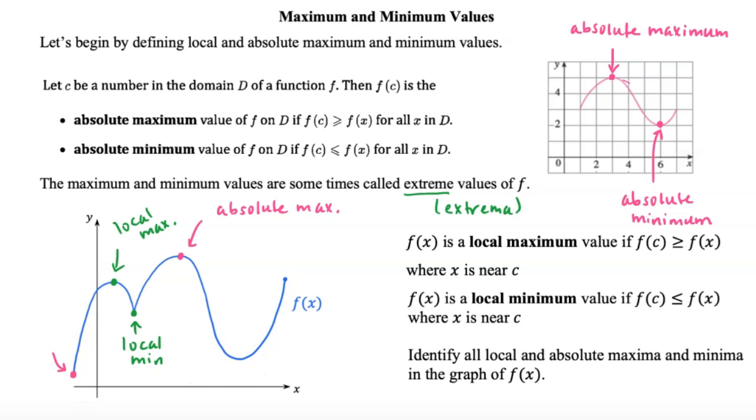It looks like the smallest y value on this entire interval. So this looks like an absolute min. And so that will leave me with this valley right here being a local min.